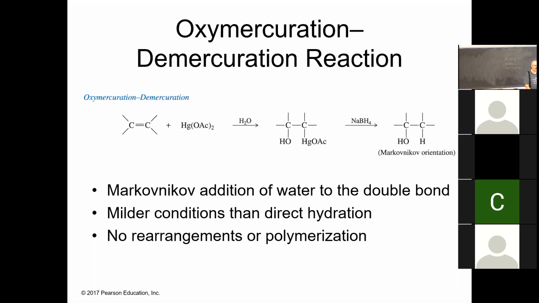There is a significant advantage to using oxymercuration, demercuration, and that is that no rearrangements or polymerization occurs. One disadvantage, of course, is that you're using mercury, which is toxic.